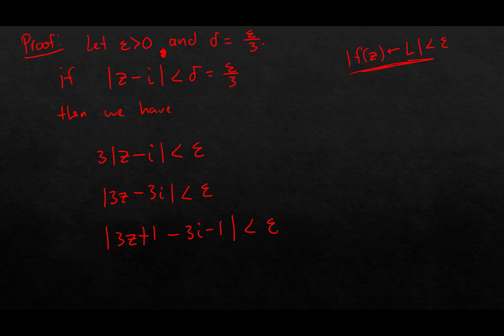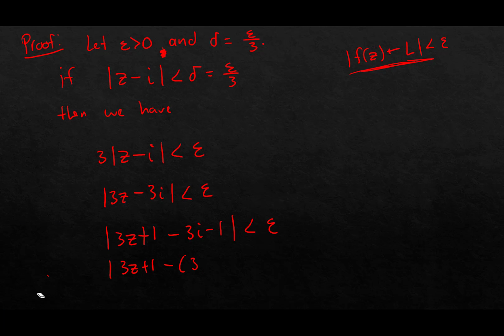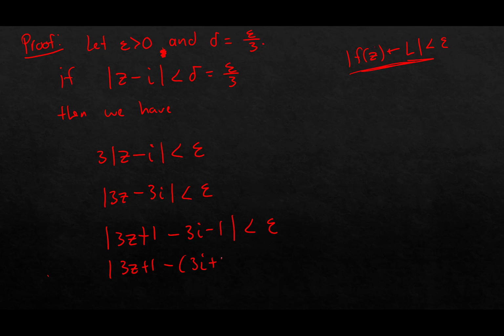Recognize that this becomes 3z plus 1 minus the quantity 3i plus 1. I's look very, very similar to 1's. In any case, now we just recognize that that's our f of z, and that's our L.